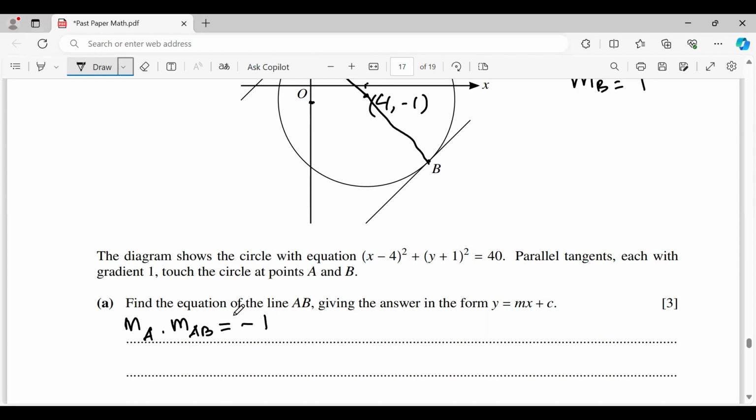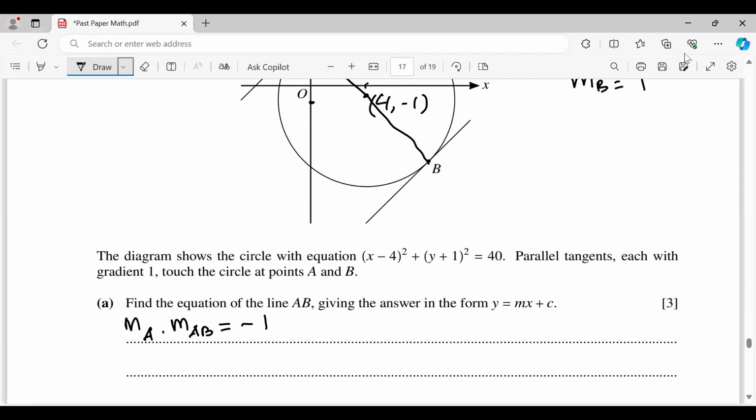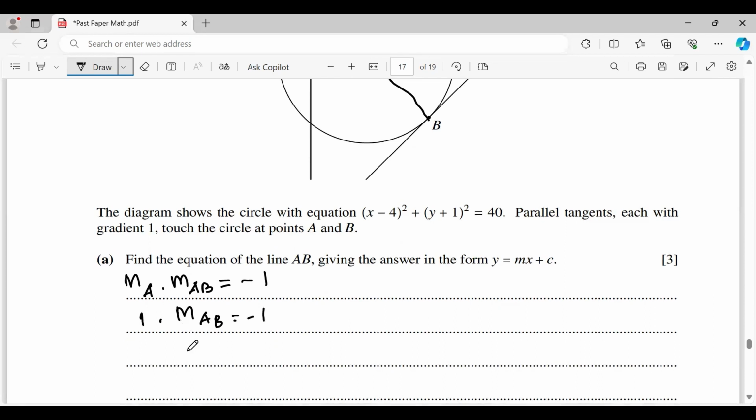So the gradient of straight line A equals 1. So 1 times m AB equals -1, so the gradient AB equals -1 over 1, which is -1.